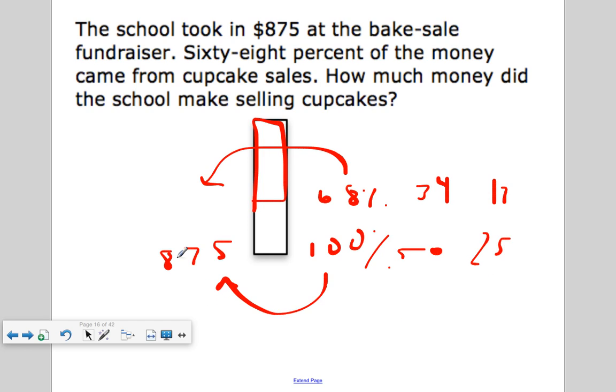Can 25 go into 875? What would the scale factor be? Well, let's find out. It goes in 3 times.